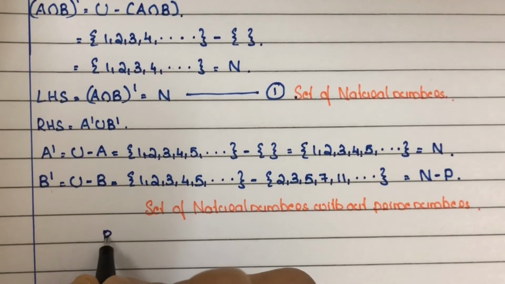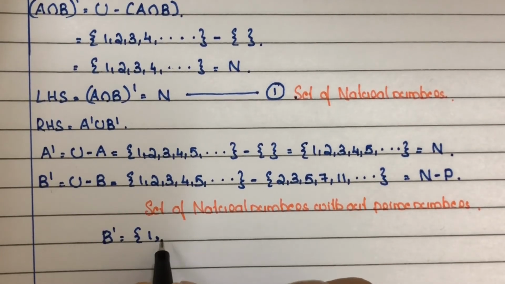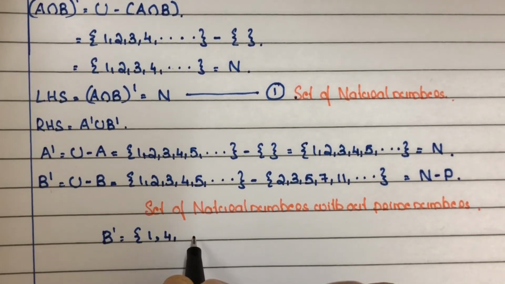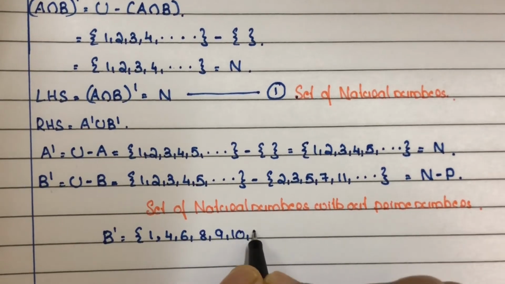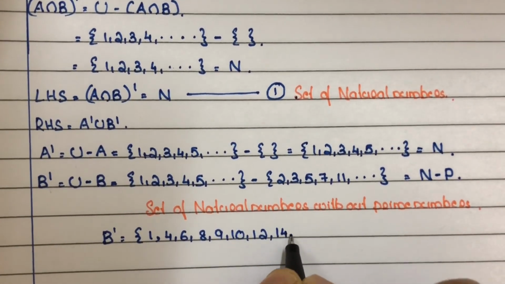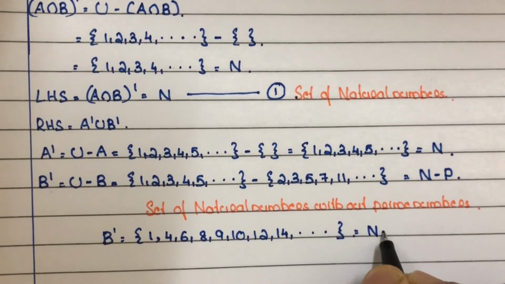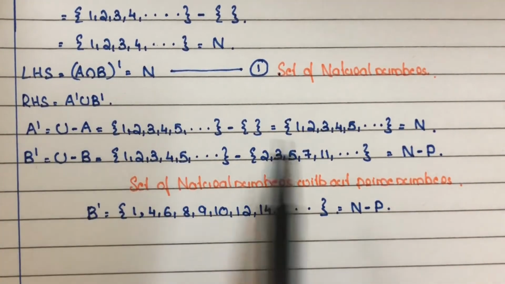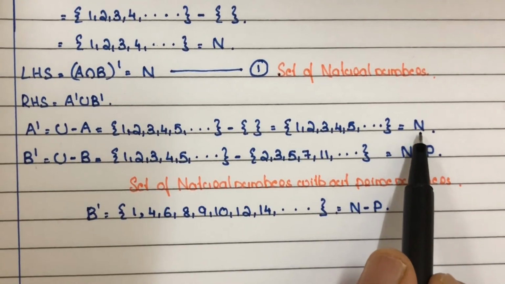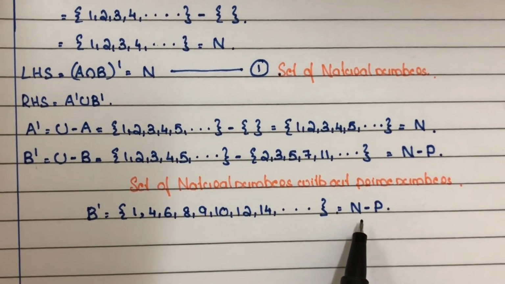So we can write B dash is equal to 1, 4, 6, 8, 9, 10, 12, 14, etc. That is N minus P. Right? A dash we got as set of natural numbers, that is N. And B dash is set of natural numbers without prime numbers.